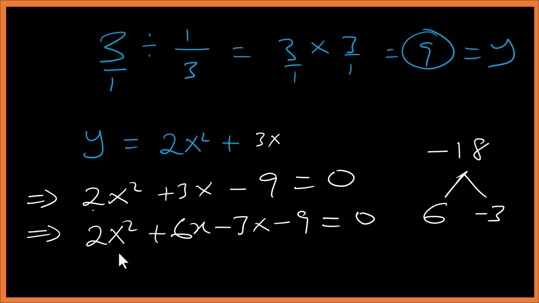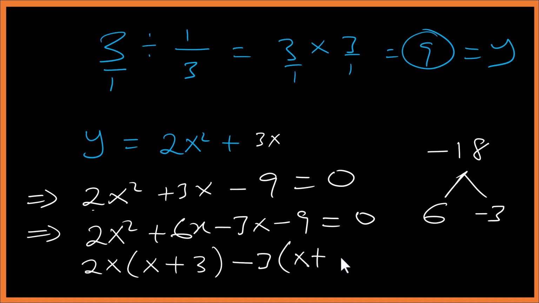So we can factorize 2x out here, left with x plus 3. Then we have 6x, so let's take minus 3 out, x plus 3 equal to 0.